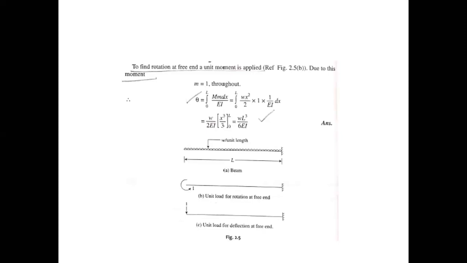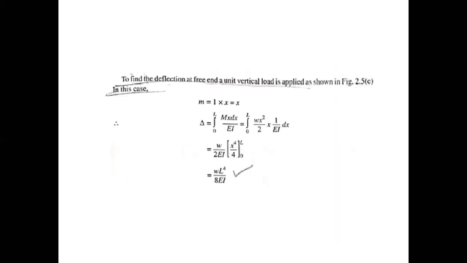If x is 2, the moment due to unit load will be 2. If x is 3, the moment due to unit load at the same point will be 3. So it depends upon the value of x.